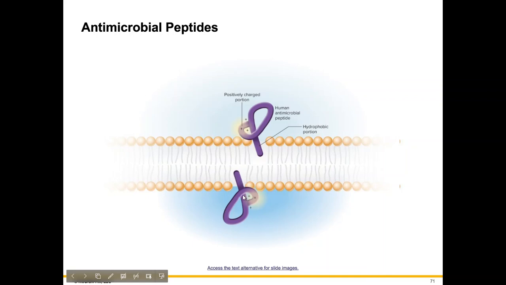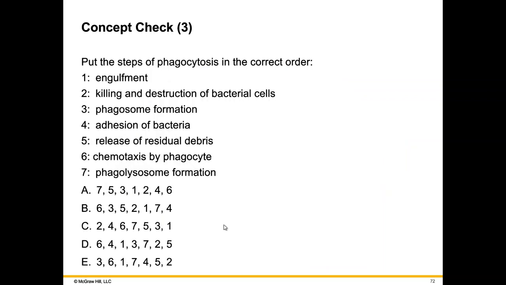So this hydrophobic portion of this peptide is going to force itself into the inside of the plasma membrane, and that's going to allow potentially fluid to influx through this passageway that it's creating and ultimately rupture the cell. Alright, and that is the end of this chapter, you guys.